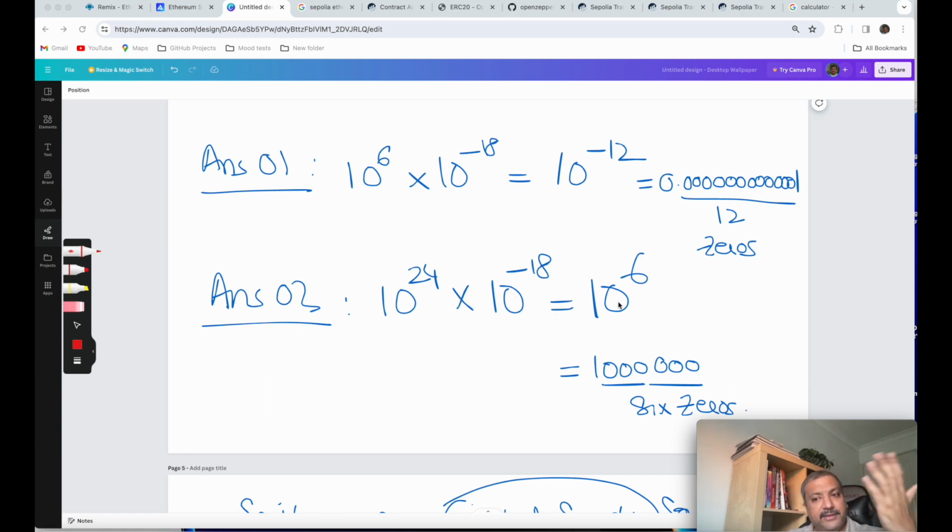And the result, if you got it right, is 10 to the power 6, which essentially means 1 and 6 zeros. So this will be the number of tokens that you will see once you import it in your MetaMask wallet. I hope you understand this concept mathematically. And if you're clear with this, let's quickly jump on to the next video.